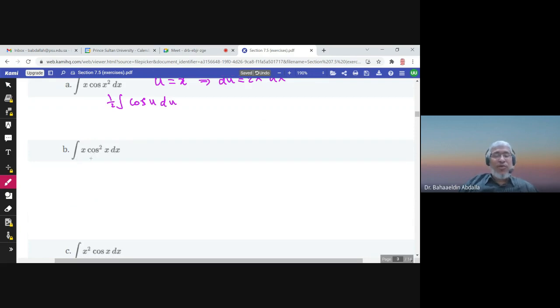Here I use by parts, but before using by parts, I can simplify the problem by writing cosine squared x as (1 plus cosine 2x) over 2 dx. Then this half I can take outside, and I'll have the integral of x plus x cosine 2x.